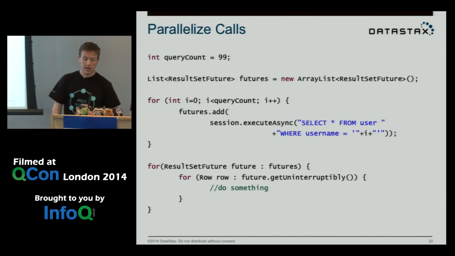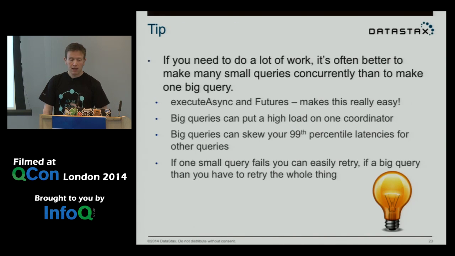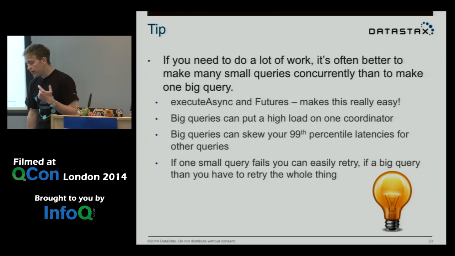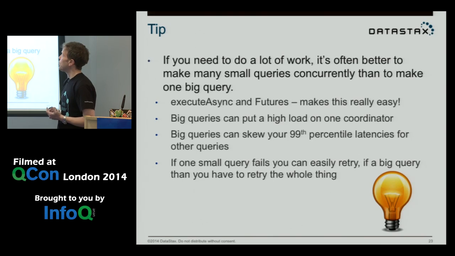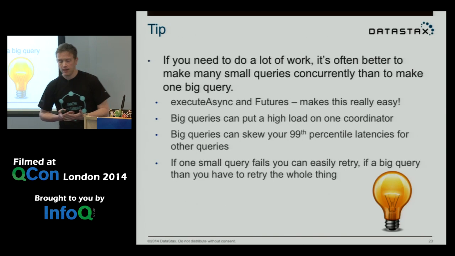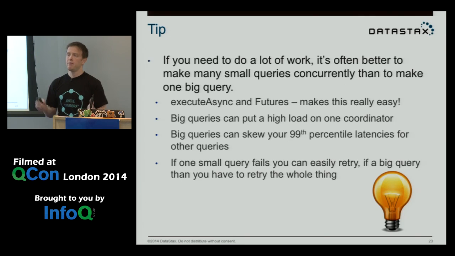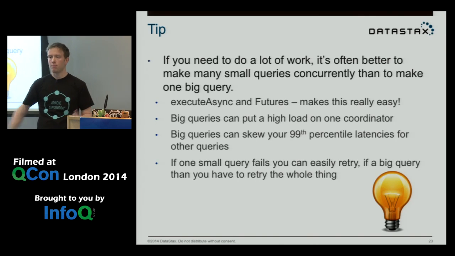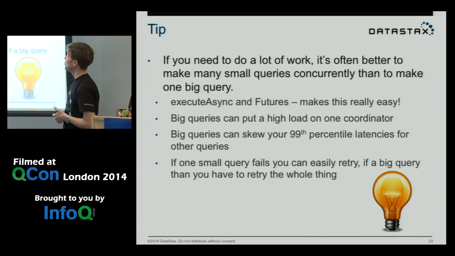The reason this is quite handy is it lets you really optimize how you're doing things. If you have to do lots and lots of big queries, where you want to insert lots of data, or do lots and lots of selects, rather than getting back one big select, break it down into smaller queries, because it gives you a lot of advantages.